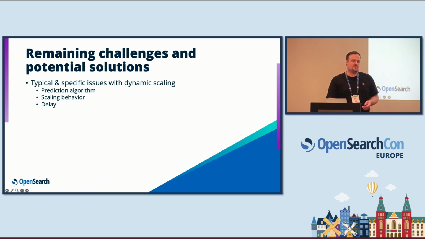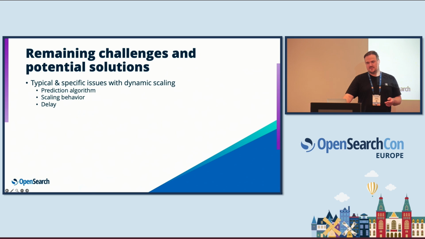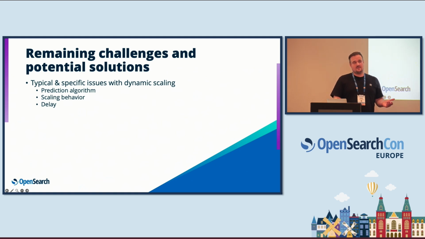And finally, I talked about the law of OpenSearch physics, right? One challenge we still have here is that obviously this has some delay. Essentially, we're calculating a shard count that's not immediately going into effect. It goes into effect faster if the shard count we currently have is too small and we hit the rollover condition of the shard size finally being reached.